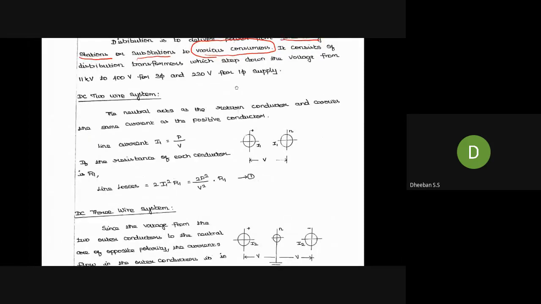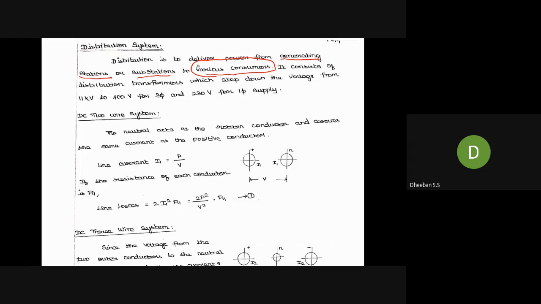The ultimate aim of the distribution system is to deliver power from generating station or substation to various consumers. This is the important point.